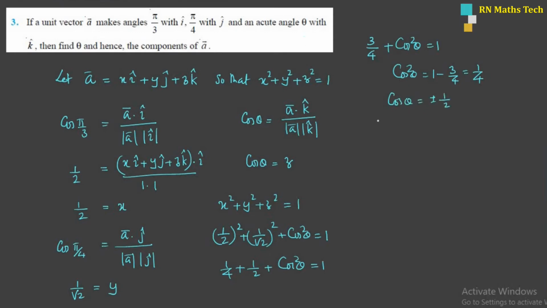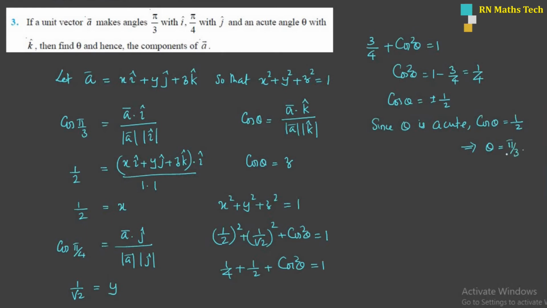Since theta is acute, cos theta value is 1 by 2. Okay, so when cos theta is equal to 1 by 2, which implies theta is equal to cos 60, theta is equal to pi by 3.